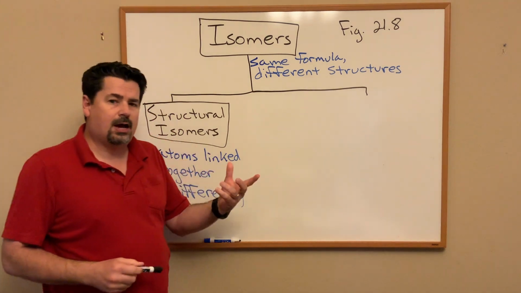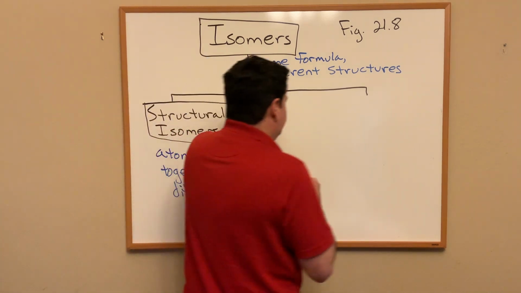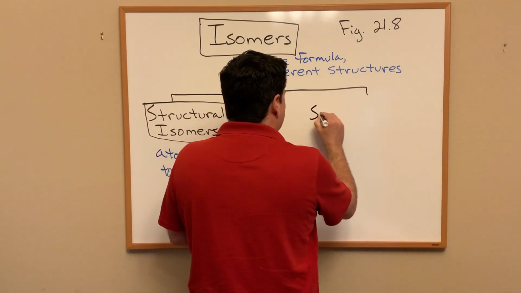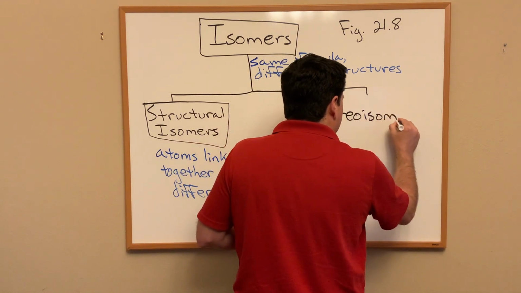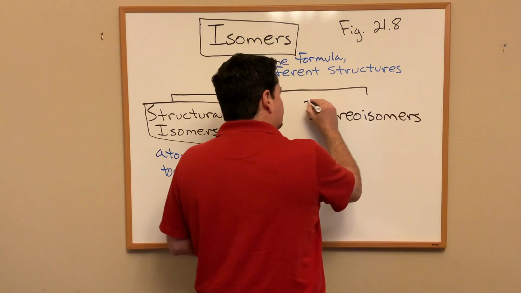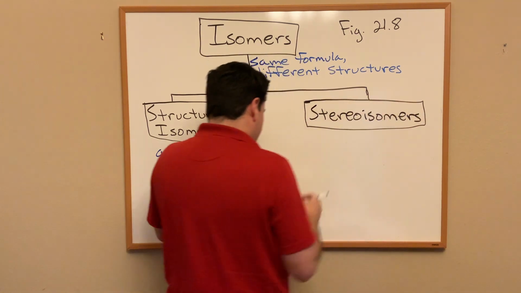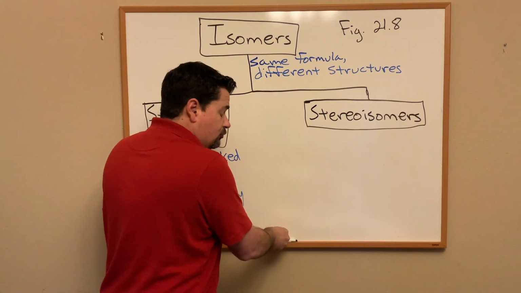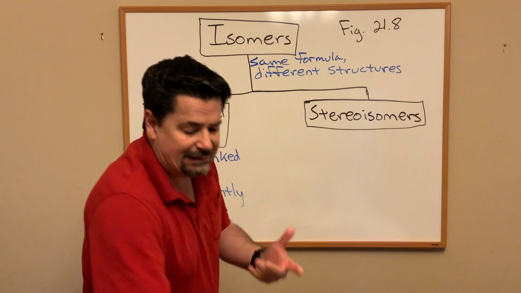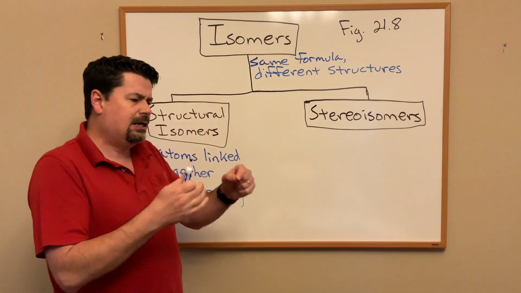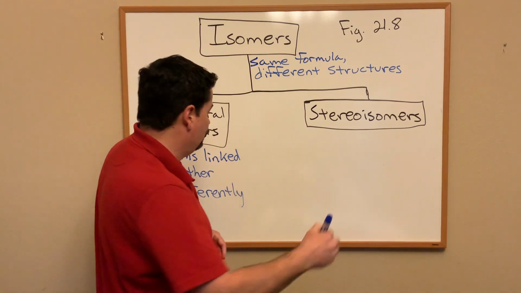The other major class of isomers are stereoisomers. And stereoisomers have the same connectedness, but they have a different arrangement of the atoms in space.